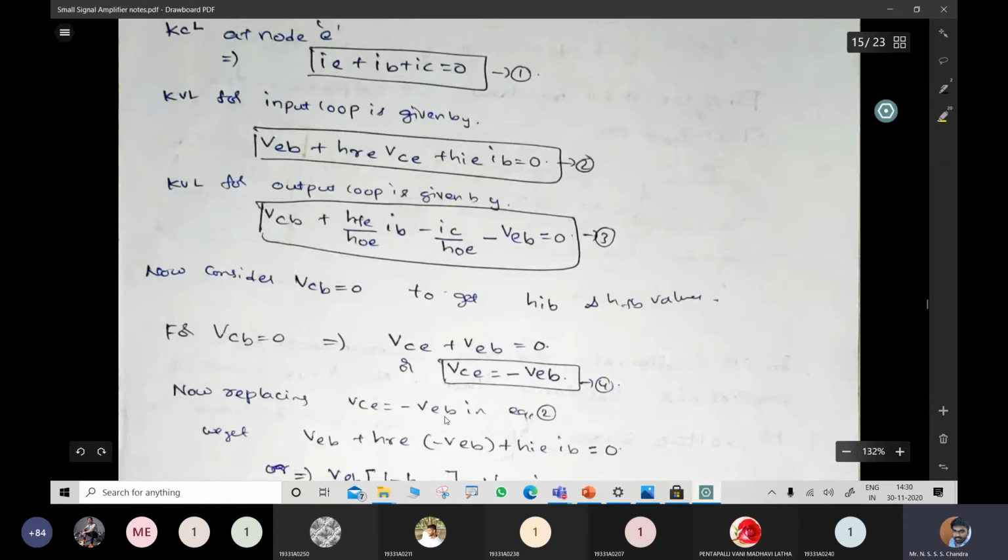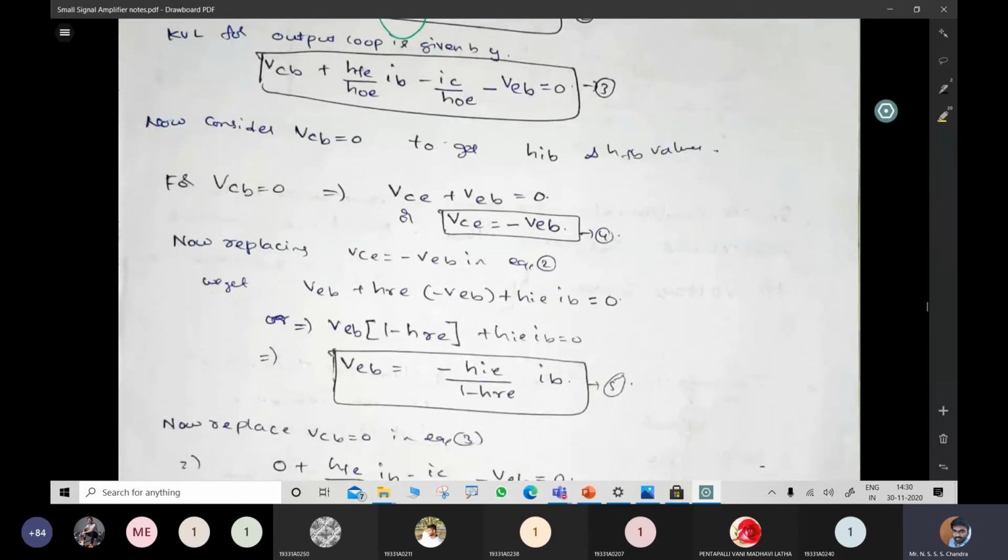So if we replace this VCE equal to minus VEB in equation number 2, in this position we are going to replace it as minus VEB.